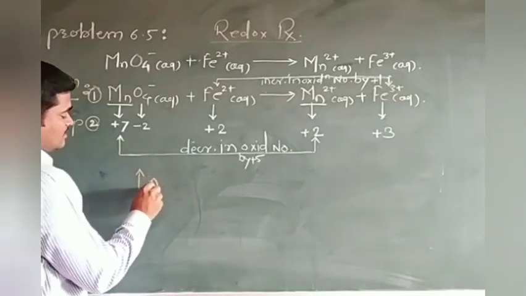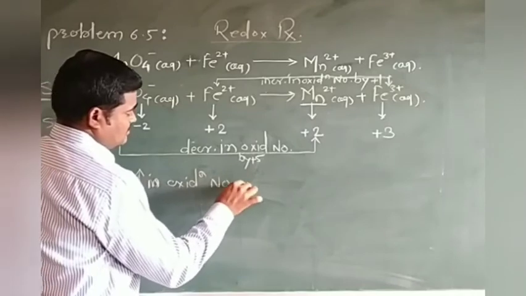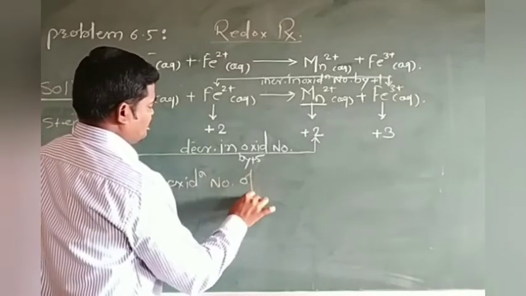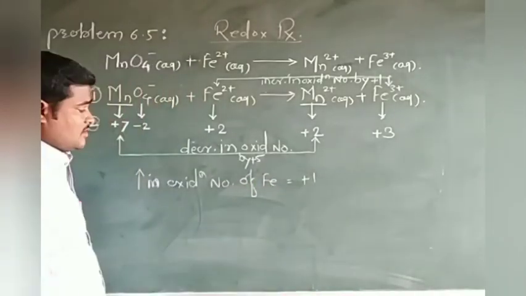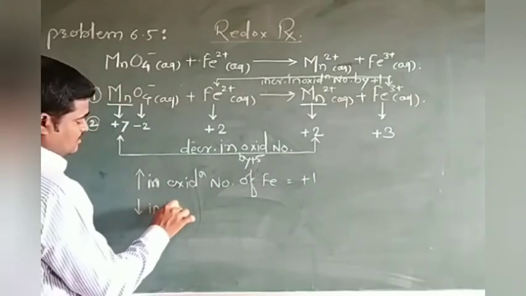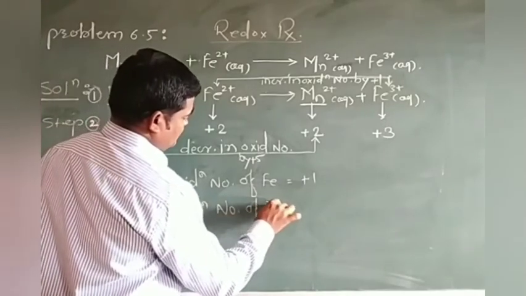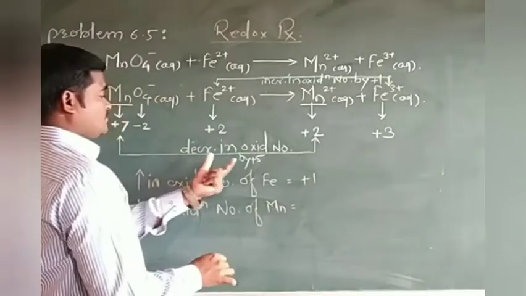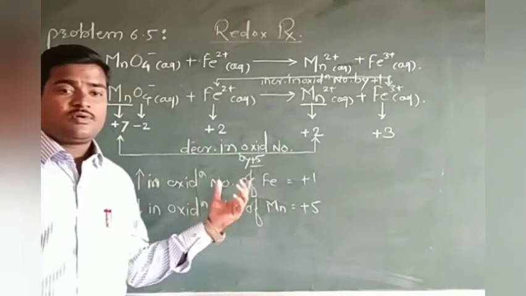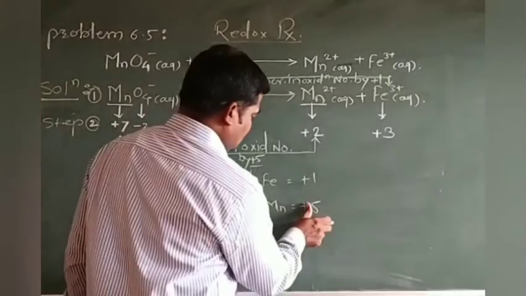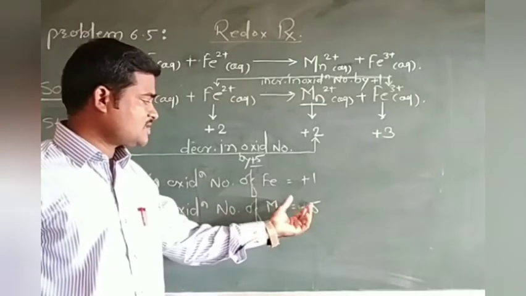Increase in oxidation number of Fe is +1, and decrease in oxidation number of Mn, as we have observed, is +5. An important thing: when we write the decrease, we have to take the sign as -5 instead of +5.